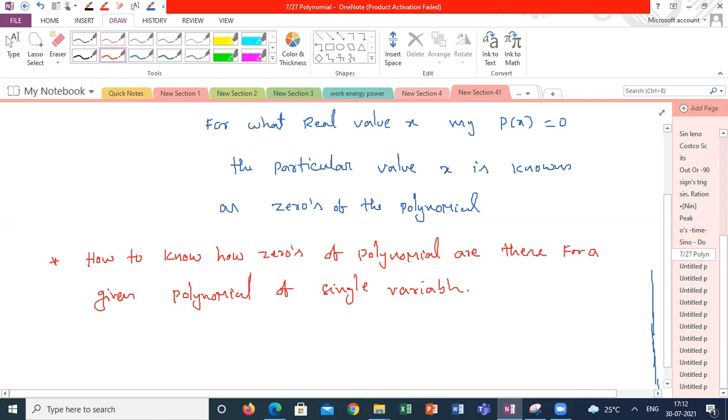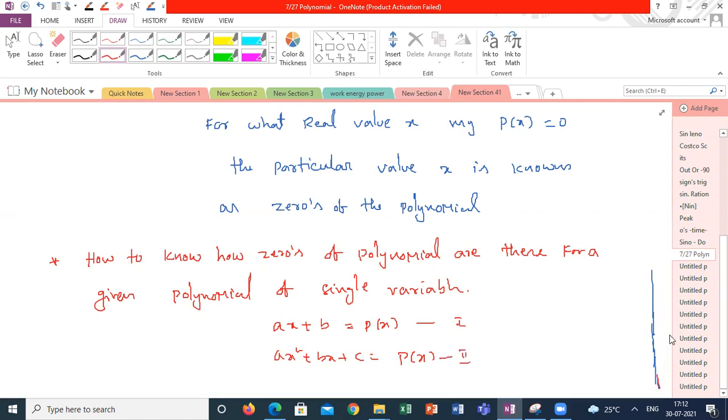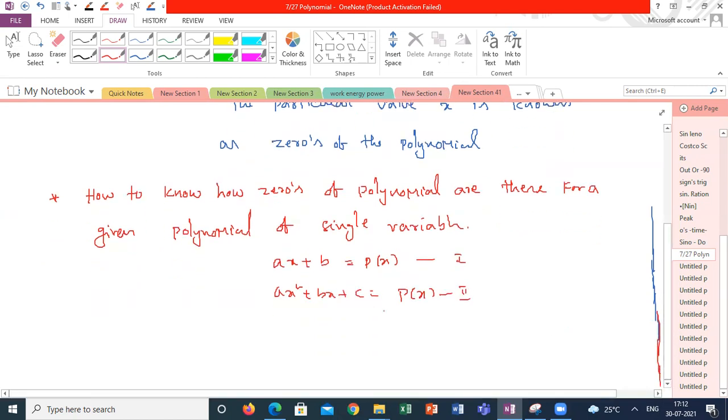Suppose I say ax plus b, it's a linear polynomial. How many zeros are there? If my p of x is ax square plus bx plus c, this is the second polynomial. All are single variable. I'm not talking about multivariable polynomials here. Then ax cube plus bx square plus cx plus d.